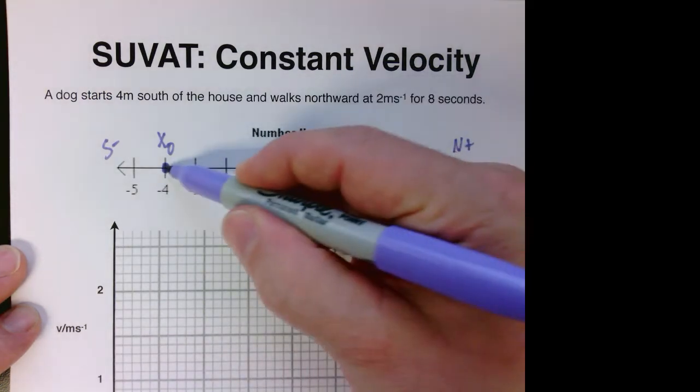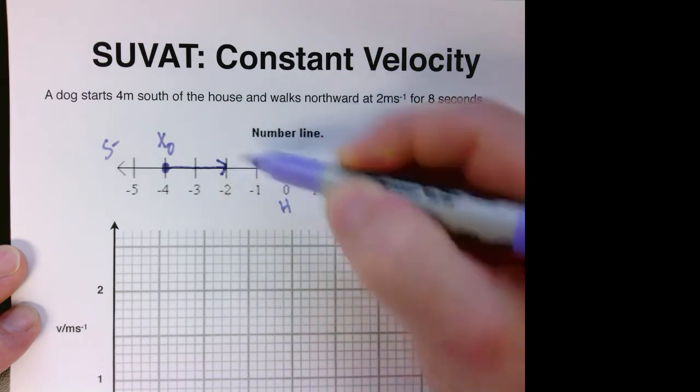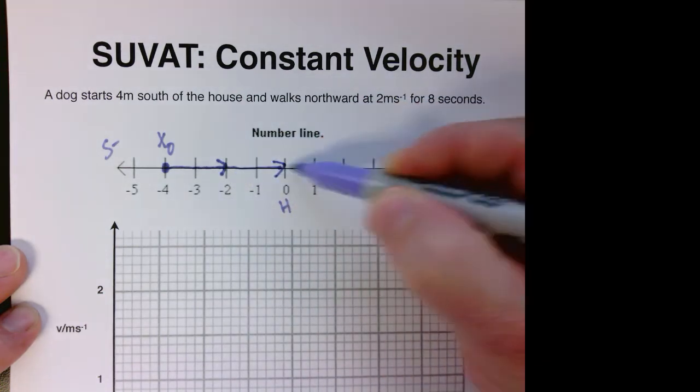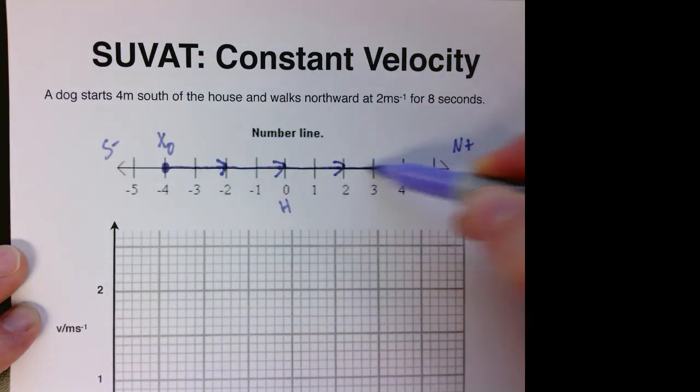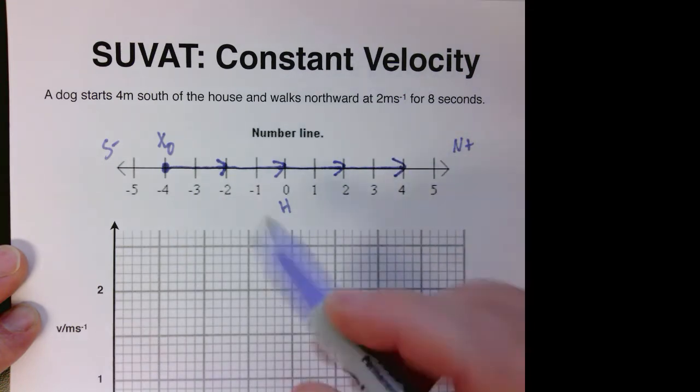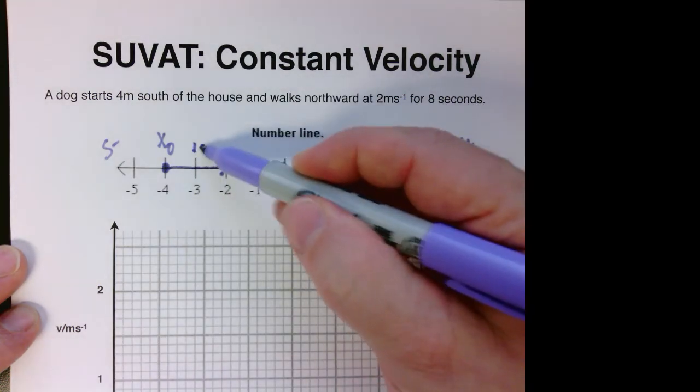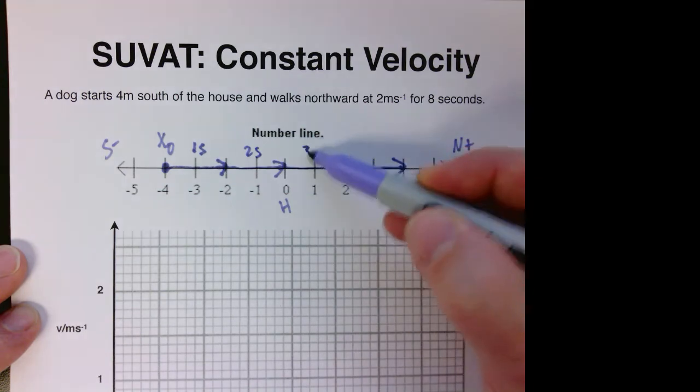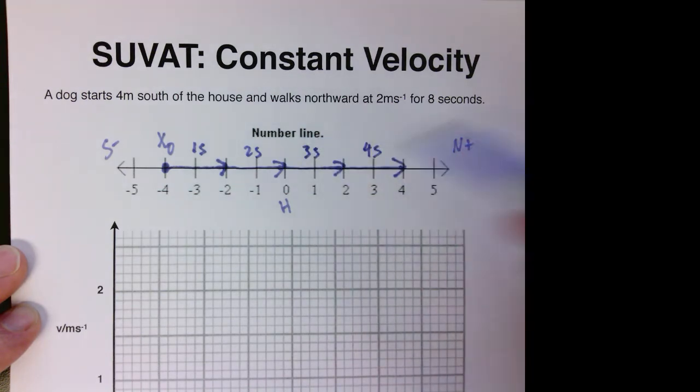So in the first second, 2 meters, 2 meters, 2 meters, 2 meters. So we can see we've got 1 second, 2 seconds, 3 seconds, 4 seconds, and we can see that they end up at a position much further north than a position of +4.